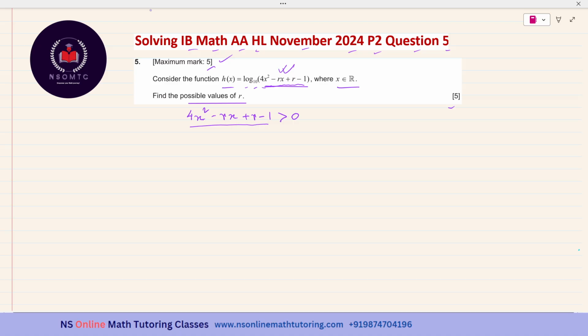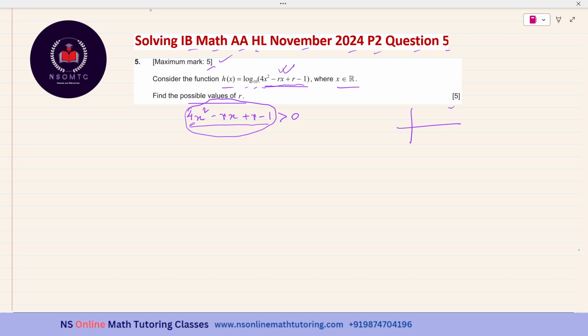Its graph will be a parabola. And because the coefficient of x squared is a positive number, the parabola will be opening upwards. And for every value of x, the function value will be more than 0.